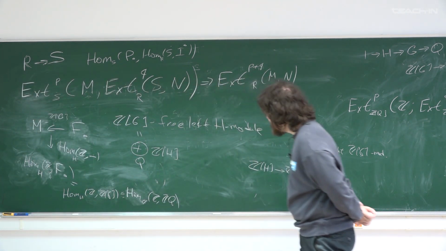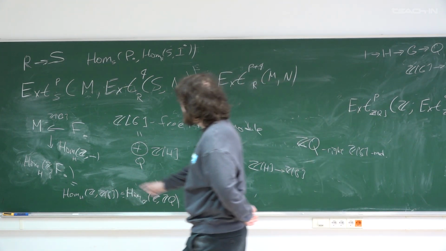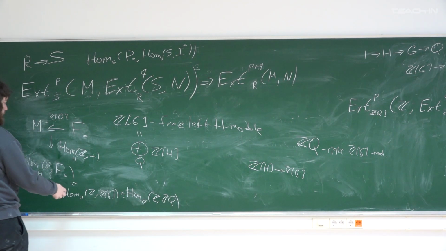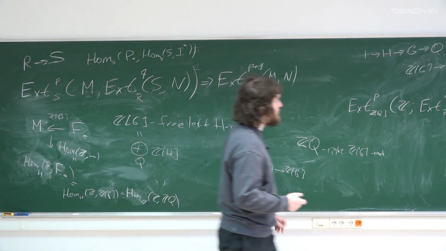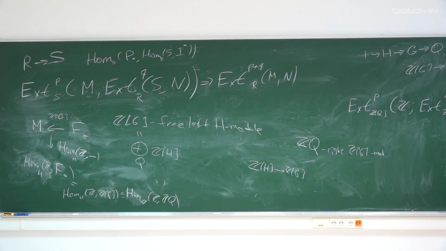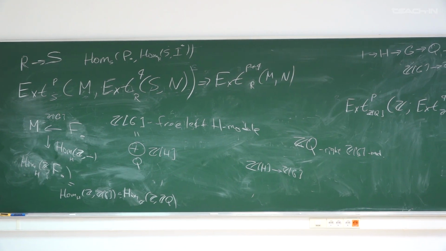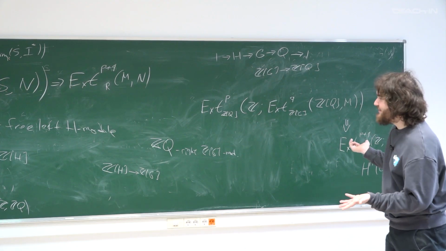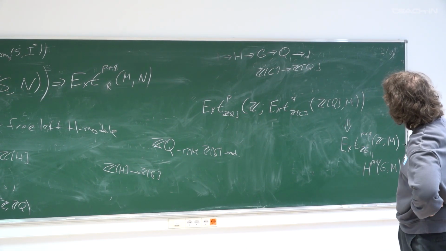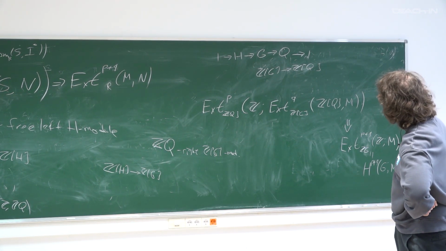And so this cochain complex computes cohomology of H with coefficients in M, and this is the same as Ext from Z to ZQ M, what I have here. It's not the same thing. Okay, sorry.